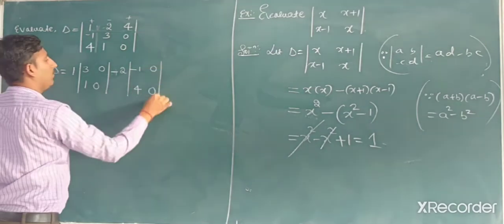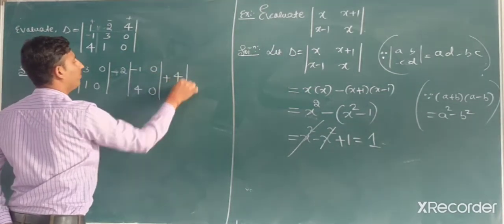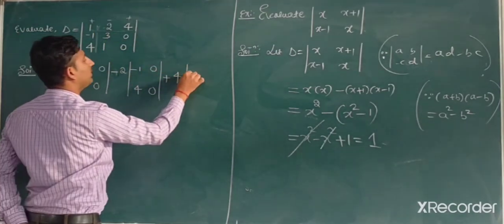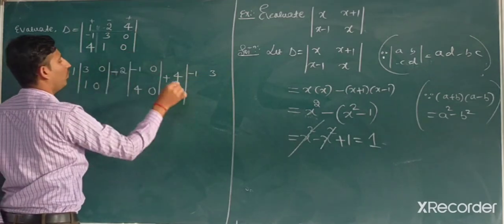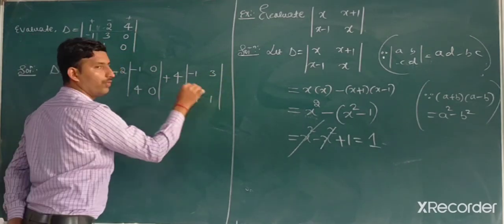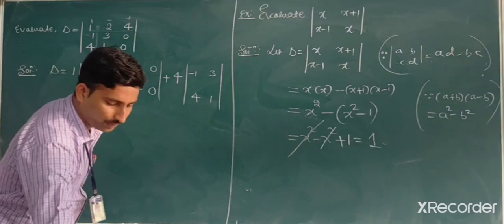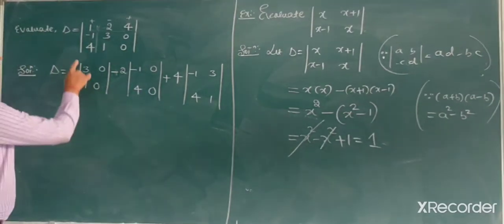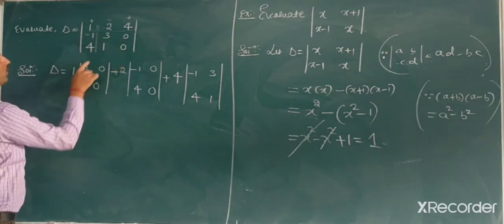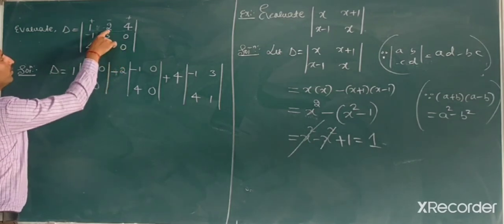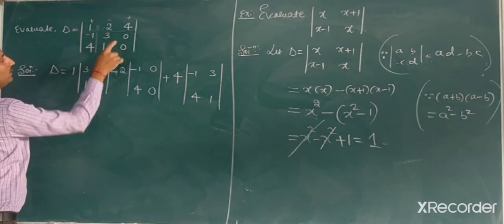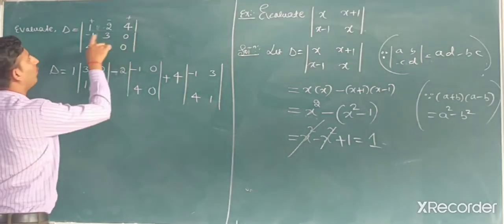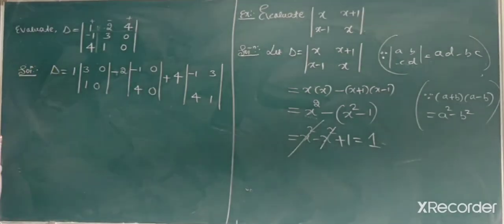After that, plus 4 into the determinant minus 1 3, 4 1. Correct? 1 into the determinant 3 0, 1 0, minus 2 into the determinant minus 1 0, 4 0, plus 4 into the determinant minus 1 3, 4 1.